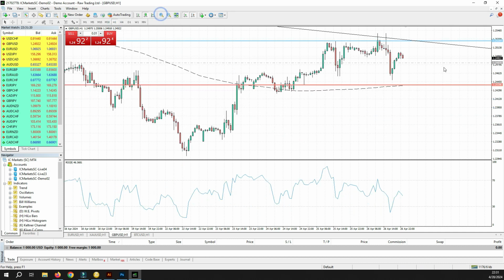Let's switch to 1 hour and analyze everything. So here the price found rejection on the trend line, found rejection on the previous day high, and we could consider maybe entering a sell, but again it wasn't so clean, and that's it.